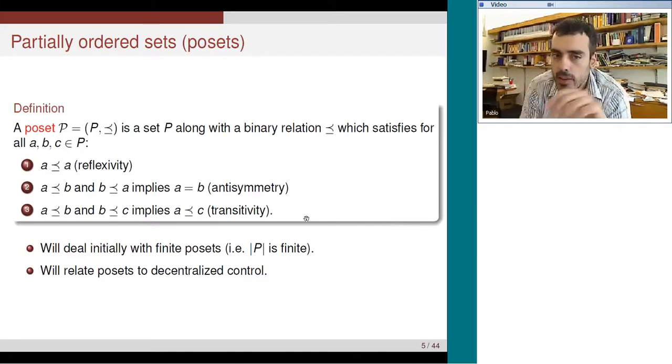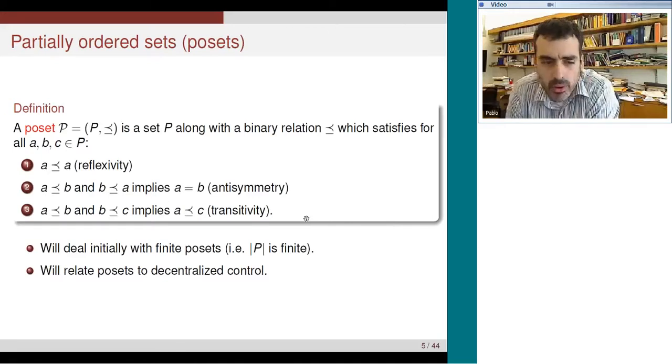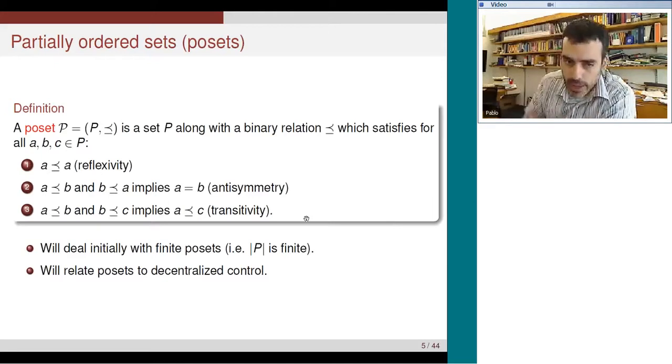So the idea in there is that you may have a matrix which is bigger than another one, but sometimes you might have two matrices which are incompatible. Neither of those is comparable to the other. And this abstracts out this property. So for everything that we want to do, I'm pretty much going to deal with finite sets. So my set is going to be finite, and we can put these kinds of relations, and I'll tell you in a second what's a nice graphical interpretation of these kinds of partial orders.